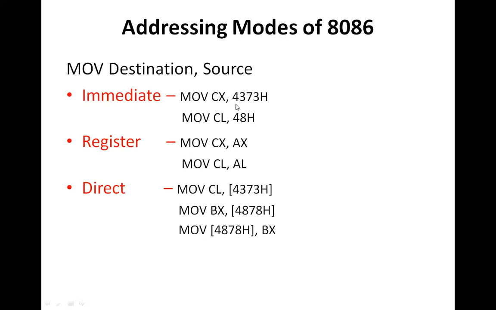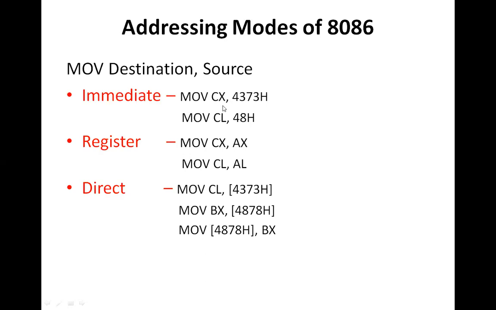This instruction will copy 4373 into the CX register. Since CX is a 16-bit register, this 16-bit data 4373 will be copied into the CX register pair, which is of 16-bit.